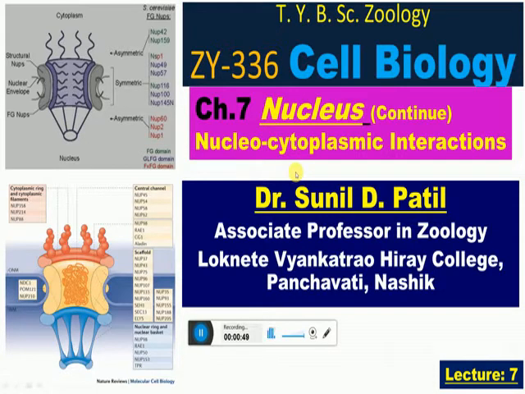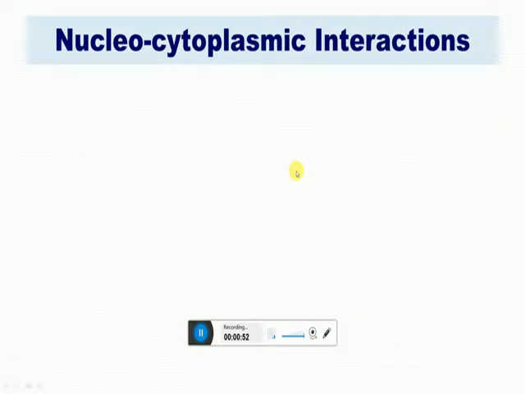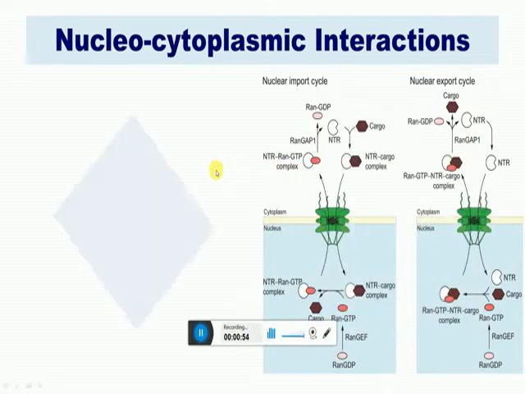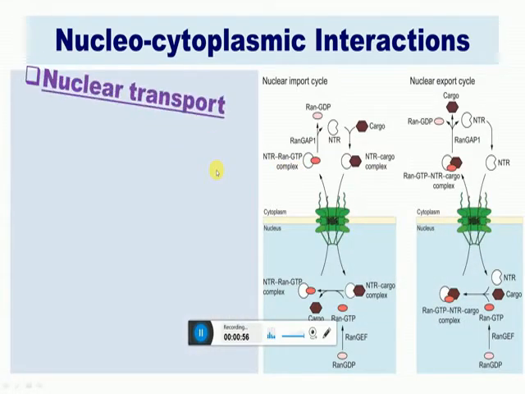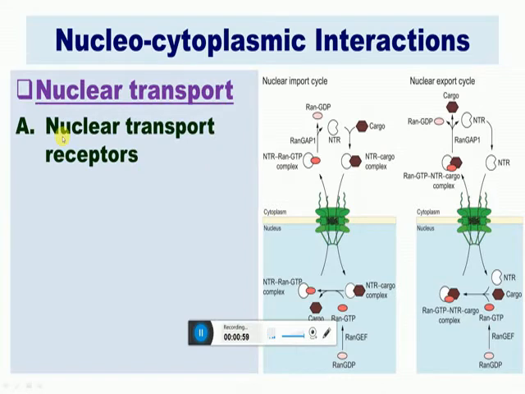Then let's move to the nucleocytoplasmic ratio. In this part, we are going to see mainly nuclear transport. In nuclear transport, we are going to see these points. First one is the nuclear transport receptors. For substances to be transported in and out of the nucleus, that is, exchanged between the cytoplasm and the nucleoplasm, some receptors are required.